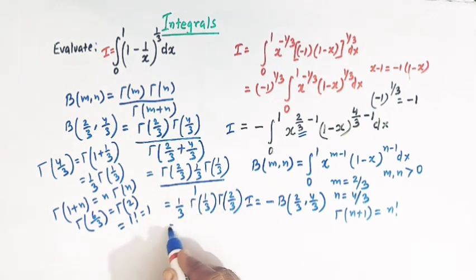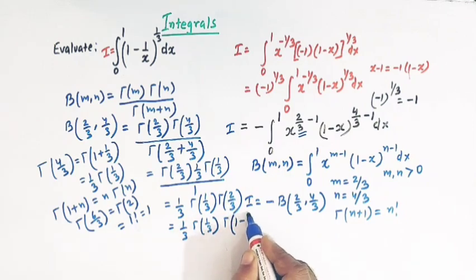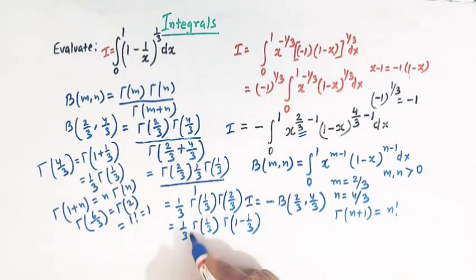Now see, we can write this expression as gamma of 1 over 3, and here we have gamma of 2 by 3, which can be written as 1 minus 1 over 3, because 3 minus 1 is 2. So gamma of 2 over 3 is gamma of 1 minus 1 over 3. Here again we'll use one important relation from the gamma function.